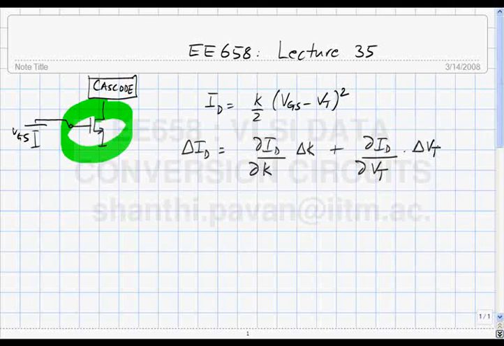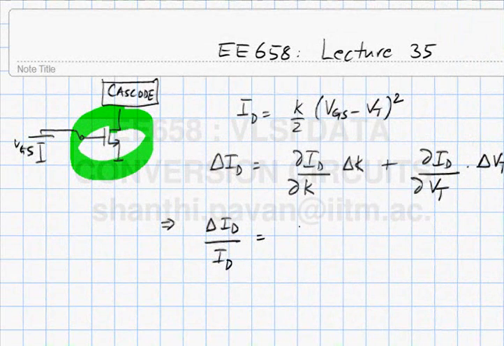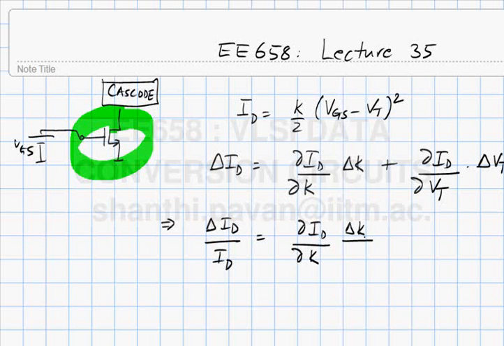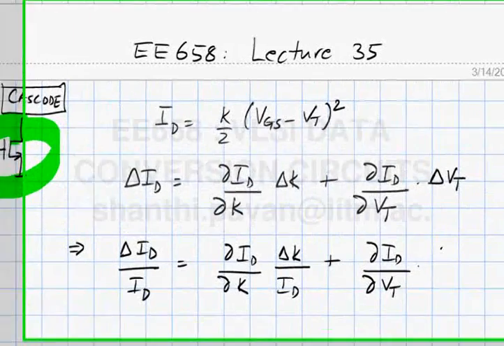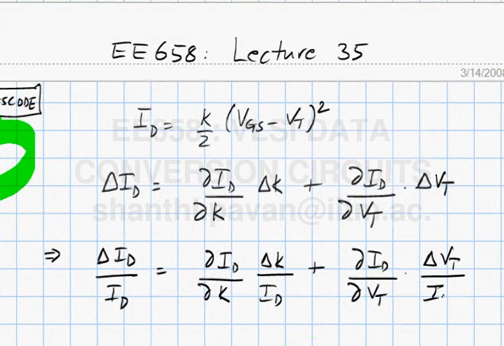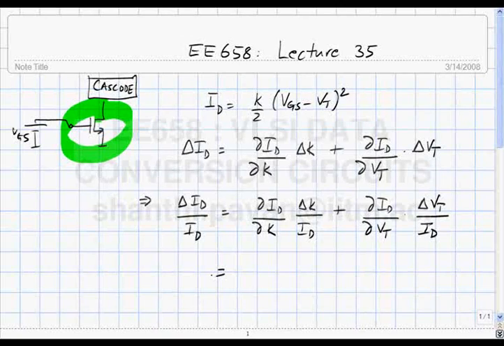This equation quantifies the change in the drain current due to a change in the K factor, which is mu Cox W by L, and a change in the threshold voltage of the transistor, which basically means that delta ID by ID is nothing but dou ID by dou K times delta K by ID plus dou ID by dou Vt times delta Vt by ID. And what is dou ID by dou K?